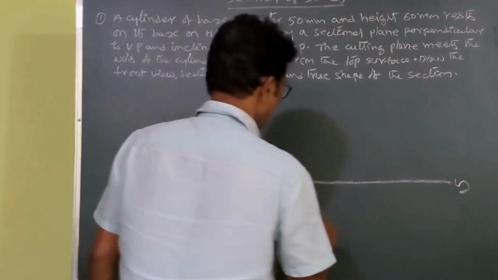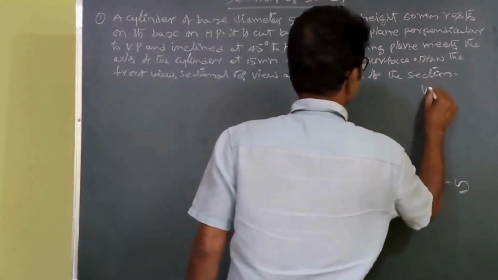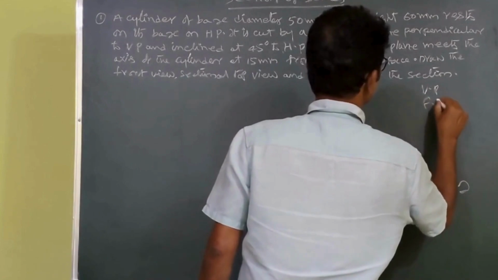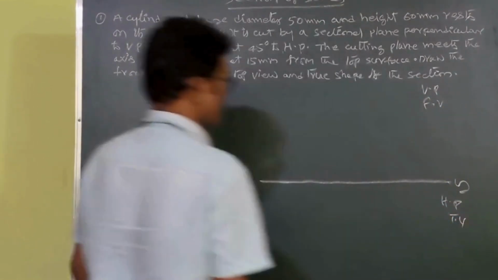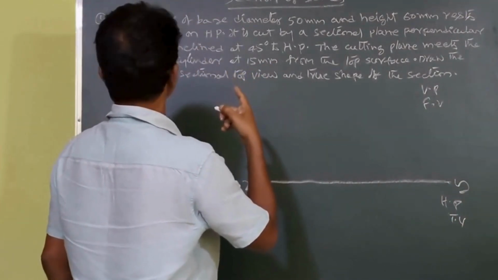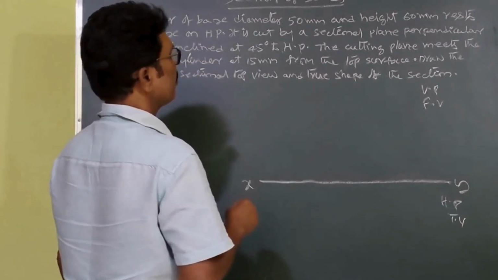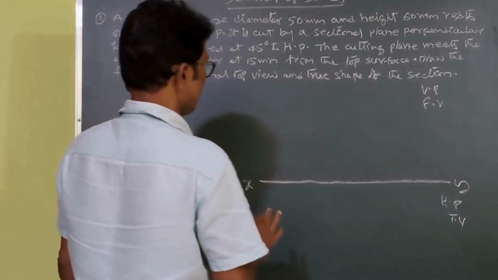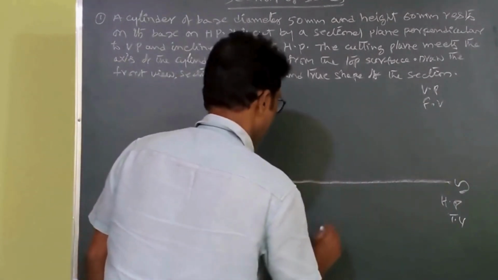We know that this is the vertical plane, the front view, and this is the horizontal plane, the top view. The cylinder with 50 mm base and 60 mm height is resting in the HP, so first you have to draw the top view in the HP.